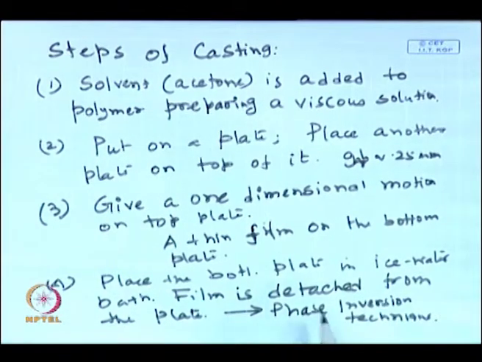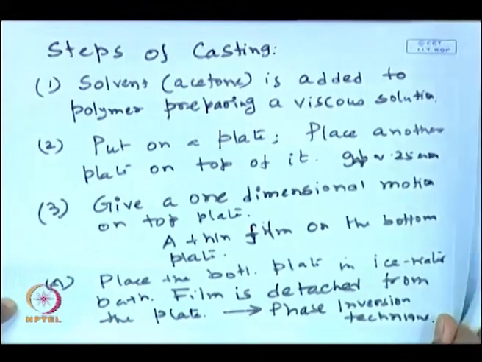Because the phase is just inverse. Initially we started with a liquid viscous phase, and when we place it in water, it becomes solidified. The phase changes from liquid to solid, and the film gets separated from the plate. That film is basically a membrane film.